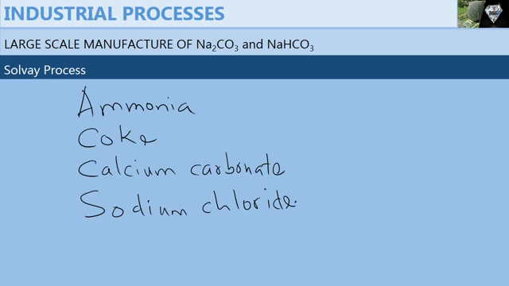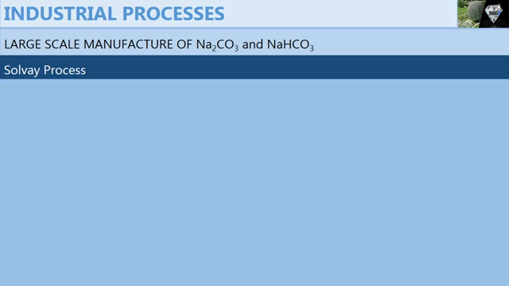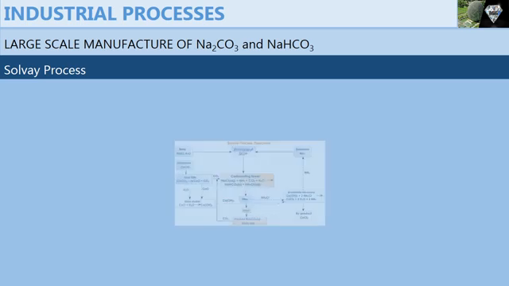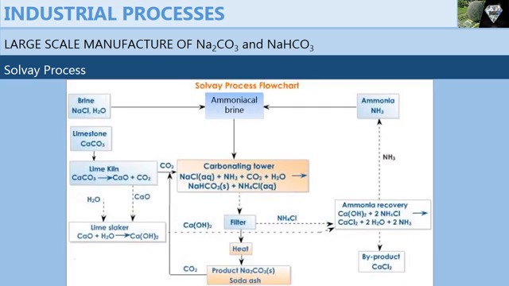The flow diagram is going to give us a summary of the Solvay process and help us understand the process in detail. Sodium chloride, which is concentrated sodium chloride known as brine, and ammonia are added to the Solvay tower.